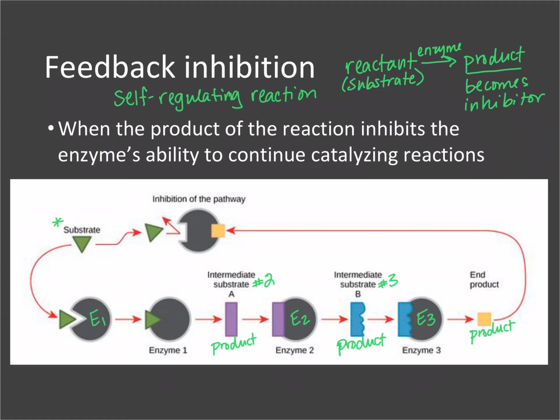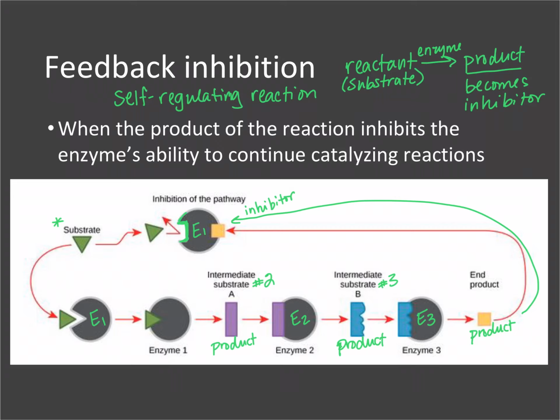And this product ultimately becomes the inhibitor. And so it can actually bind to the original enzyme 1 and kind of shut it down. So this would be an example of an allosteric inhibitor because it changes the shape of the active site.